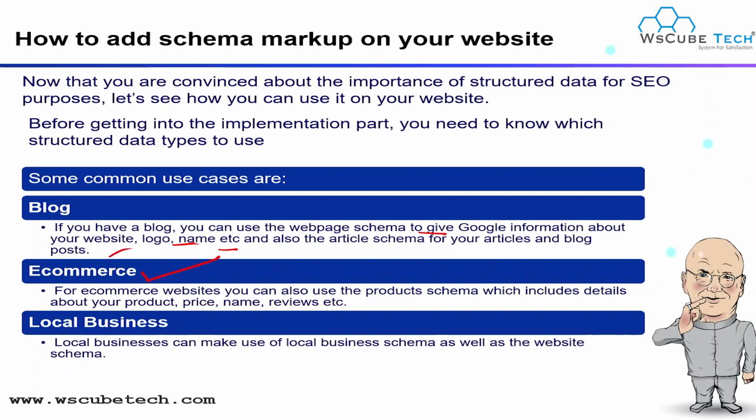For your e-commerce website, you can use the product schema, which includes details about your product, price, name, reviews. For local businesses, they can make use of the local business schema as well as website.